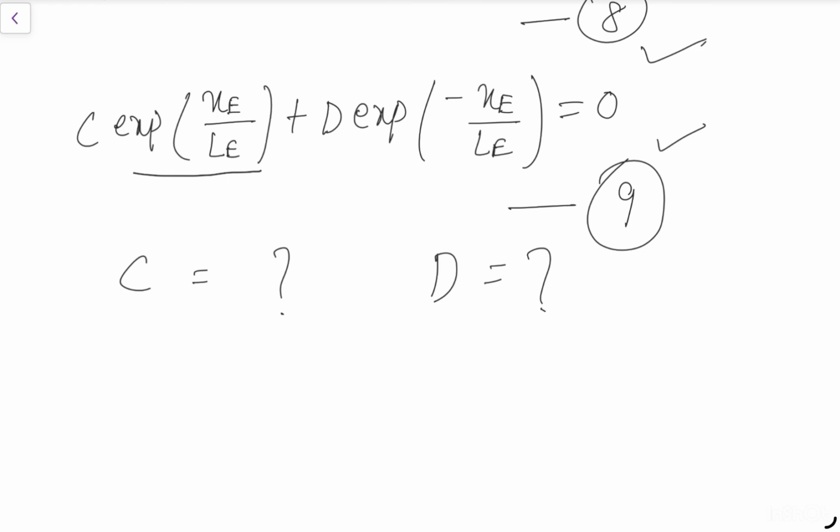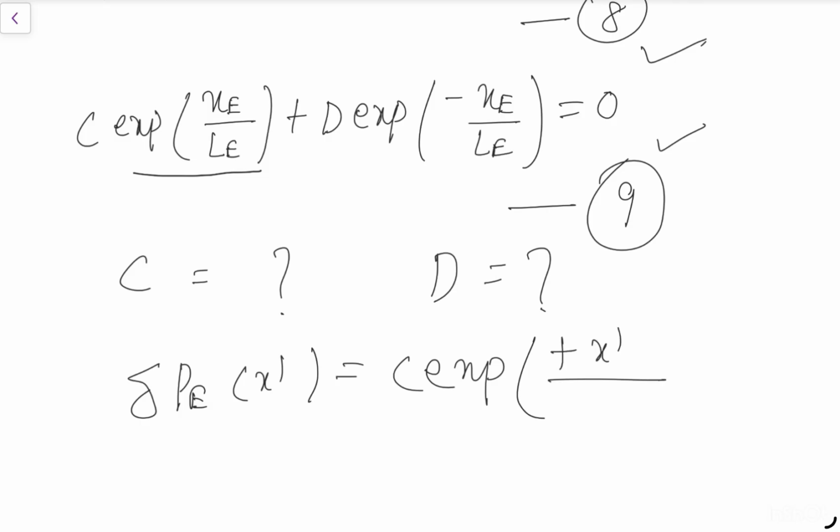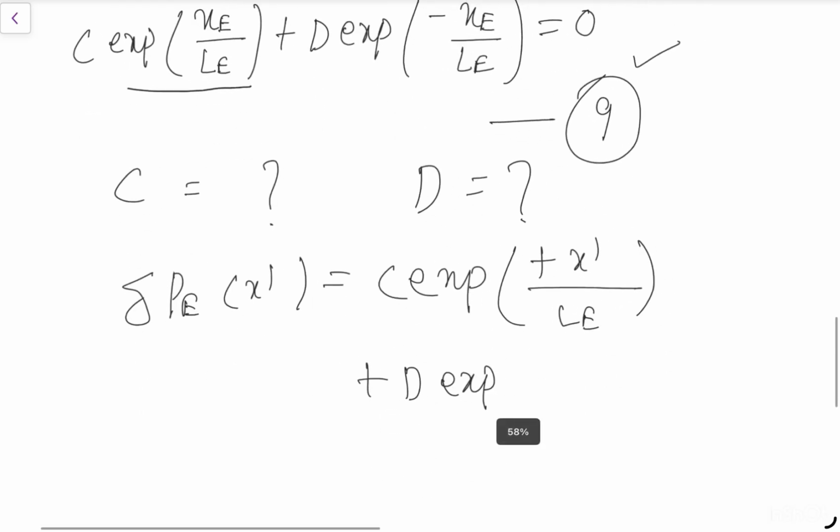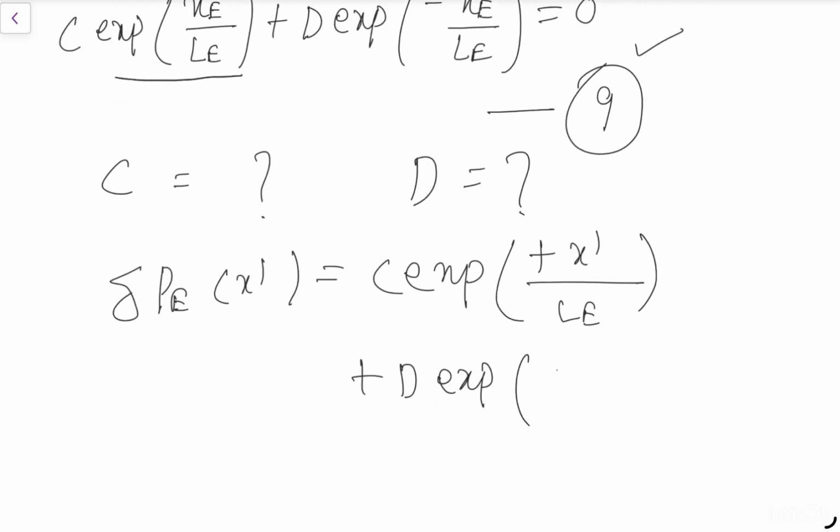Once you get the values of C and D, just substitute in the general solution. The general solution is delta PE(x') equal to C exponential of plus x' over Le plus D exponential of minus x' over Le, that you have already written.